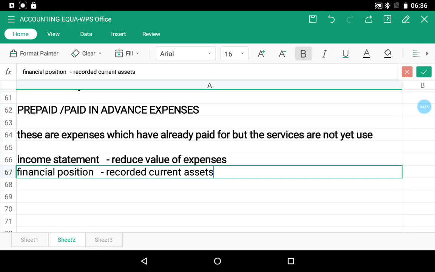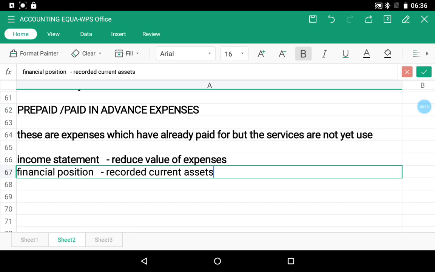Under income statement, it gives a value of expense, because you may have already paid for more than one trading period. But remember, right now you are preparing financial statements for one trading period. That means you remove things for the next trading period.